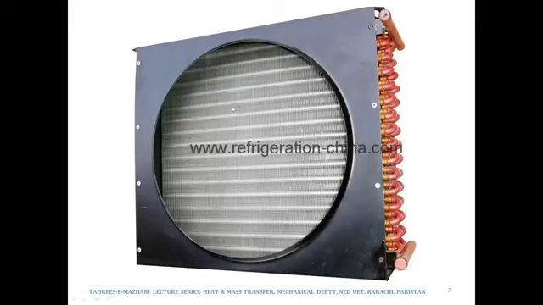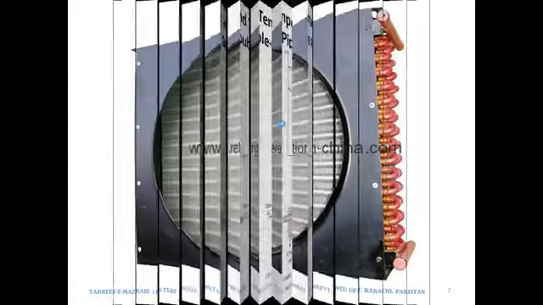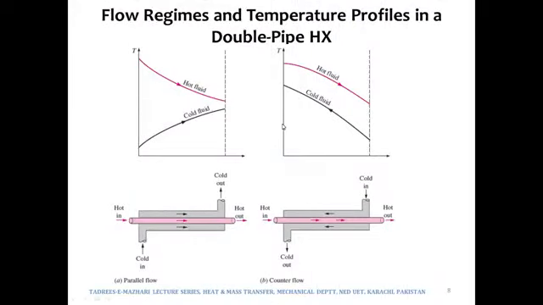What we are seeing over here, the grayish area, are the fans that are placed on those pipes, and the pipes are being bent. So as far as the application is concerned, heat exchangers have a huge application in heat transfer.